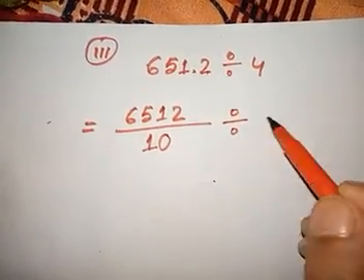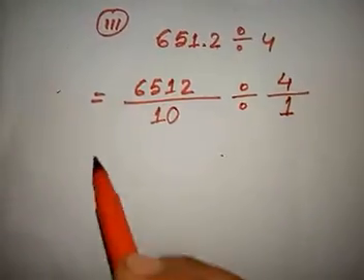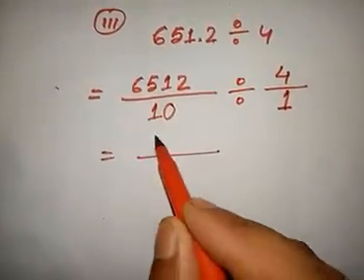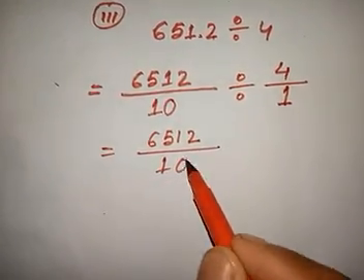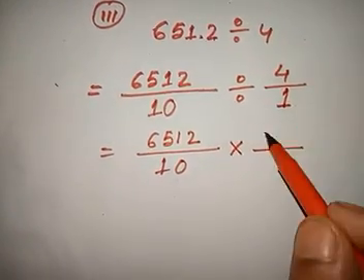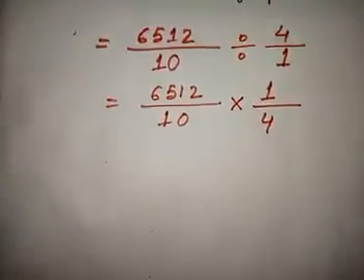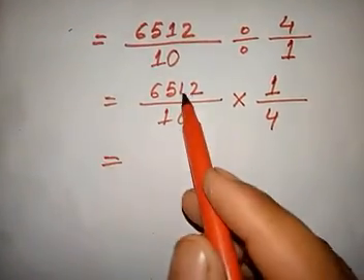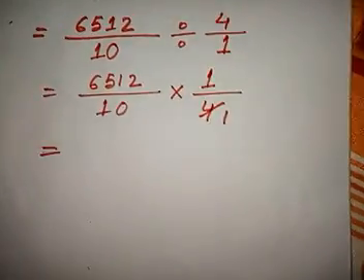Now divided by 4, nothing means you can give 1, equal to 6512 by 10. The division sign will become multiplication, then 1 will go to the numerator, 4 will come to the denominator place. Now divide this number by 4. 4 1s are 4, and 4 how much is 6512?